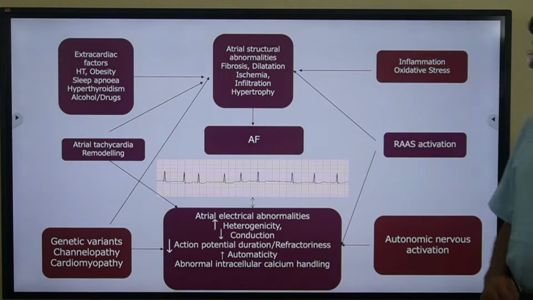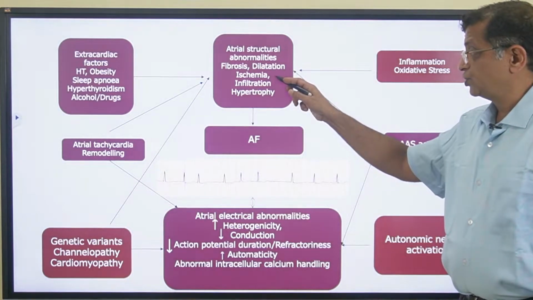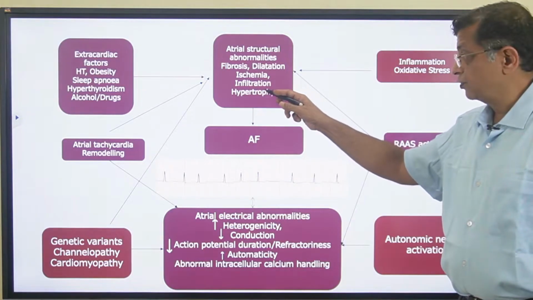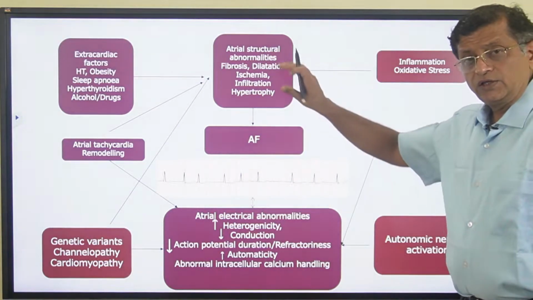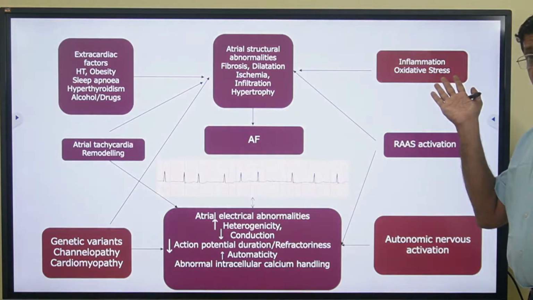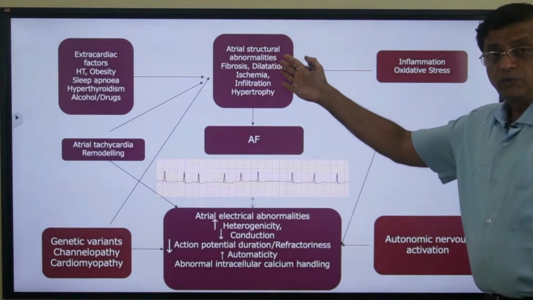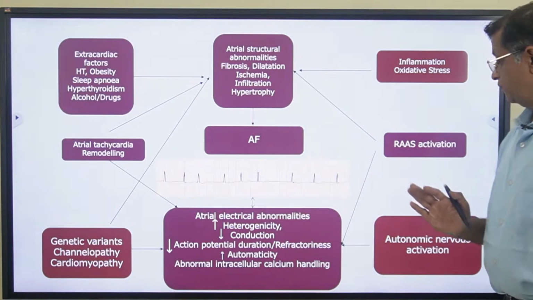So, any problem in the atria, any structural abnormalities like fibrosis, dilatation, ischemia, infiltration, hypertrophy, anything will cause AF. For example, if there is inflammation or oxidative stress, that can cause atrial abnormality. Atrial abnormality can cause AF.